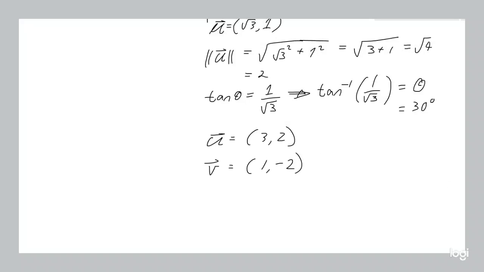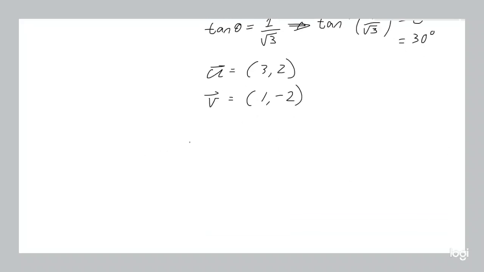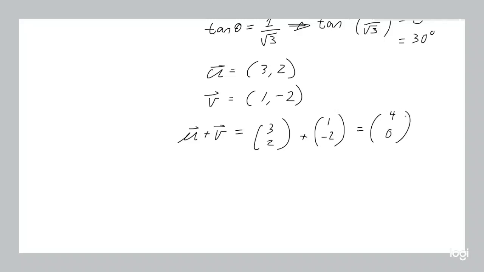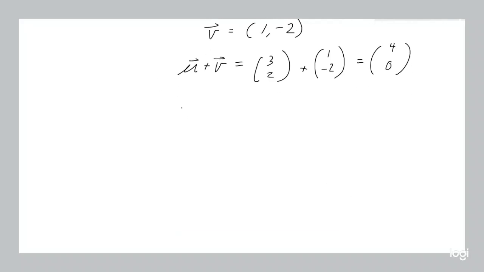If you were to add them, u plus v, that would just be taking the x components and adding them, and then taking the y components and adding them. So this would give you the vector (4, 0), because that's 3 plus 1, and 2 plus negative 2.